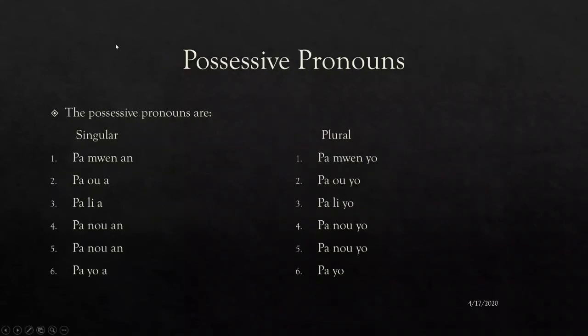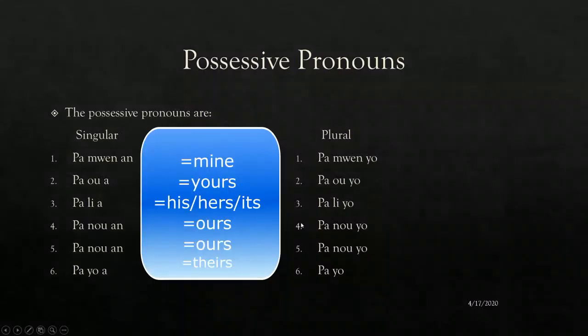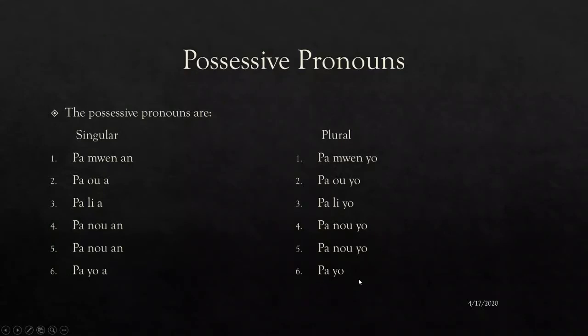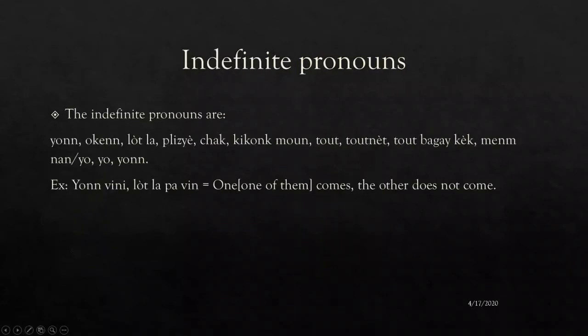The possessive pronouns are pa mwen, pa oua, pa lia, pa noa, pa yoa. This is for singular, and pa mwen yo, pa ou yo, pa li yo, pa nou yo, pa yo. This is for plural. Okay.